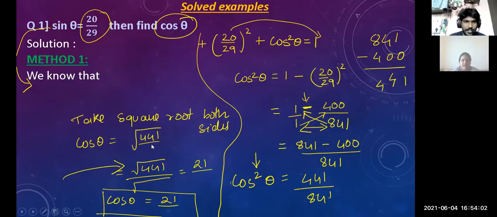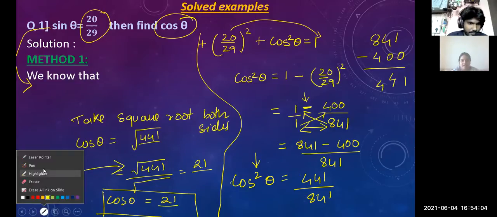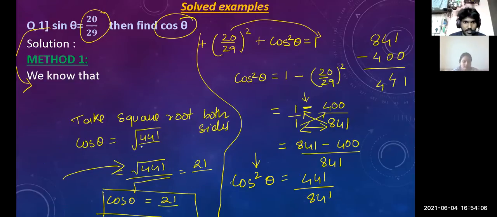So here I will write 841, and then square root of 841 is 29. And that's how we get 21 upon 29. I hope no confusions now. Did you finish writing?